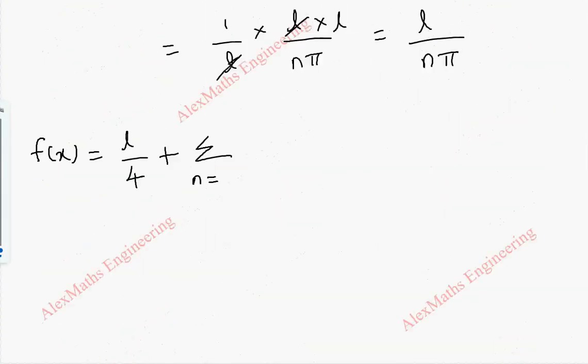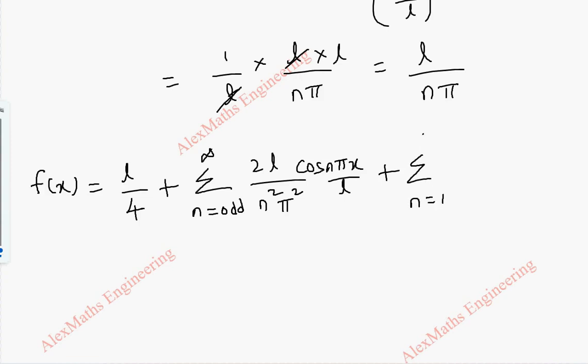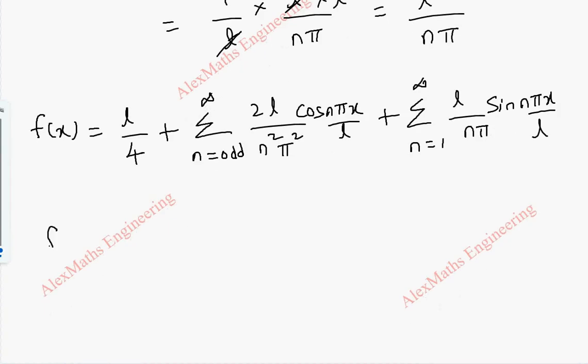So 2L by n square pi square cos n pi x by L when n is odd till infinity, and again summation n is equal to 1 to infinity, bn is L by n pi sin n pi x by L. So we got the formula, but certain terms can be taken outside the summation.